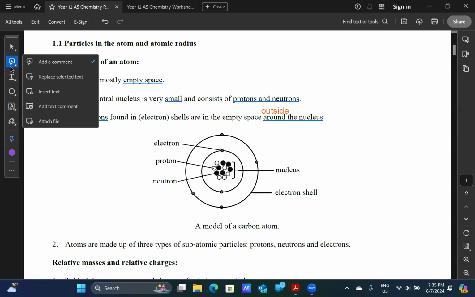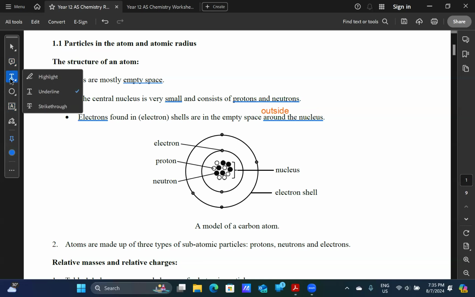Then we will have the word shells. Electron shell. If you progress to the next part of this chapter, electron shells are also called principal quantum shells, or we can call this principal energy level. I repeat again slowly.